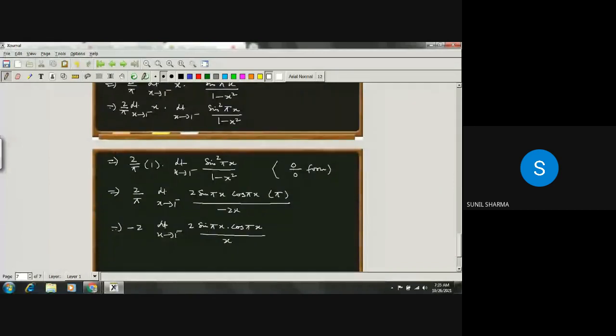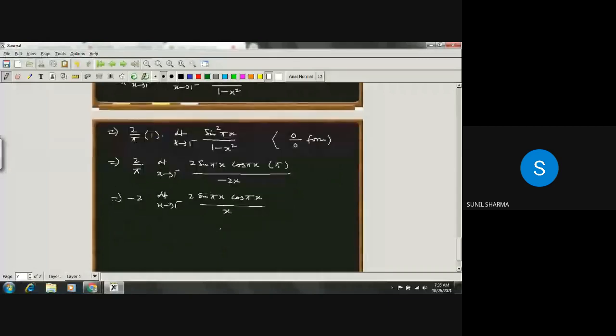Now if we put x equal to 1, then the numerator becomes 0, but the denominator is not equal to 0. So it is not in the form of 0 by 0 now. We put the limit, so minus 2 into 2 sin pi into cos pi divided by 1. And sin pi is 0, cos pi is minus 1. So overall, when we multiply any number by 0, it becomes 0. So the limit of the function becomes 0.